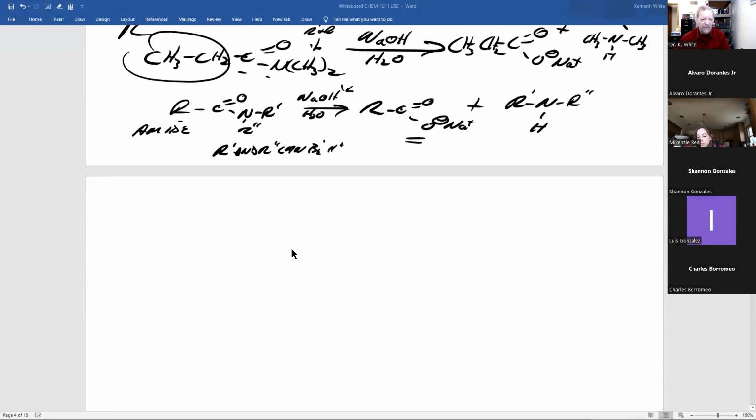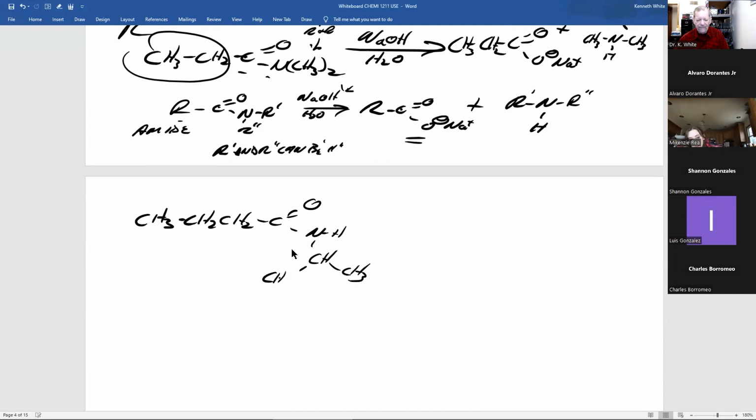So here's one for you to try. The question is, what two compounds do you make when you react that molecule with sodium hydroxide and water? Your turn.